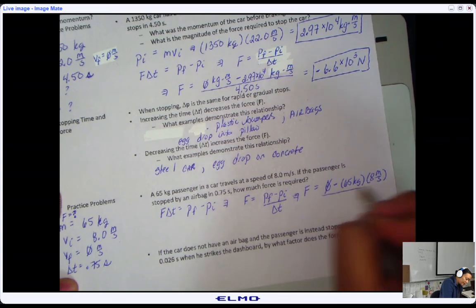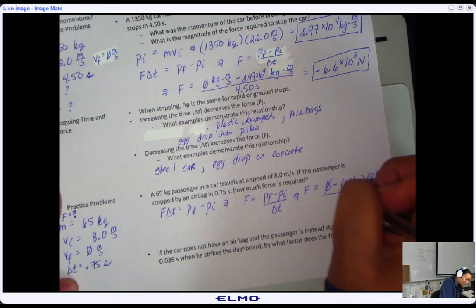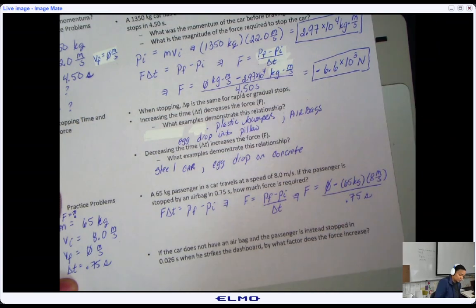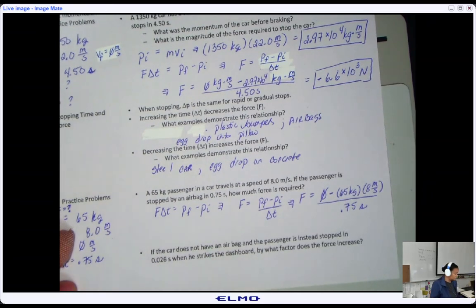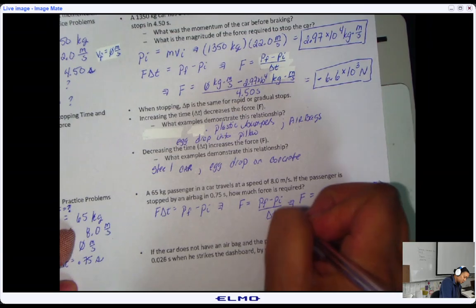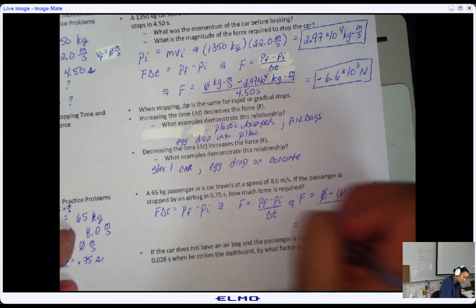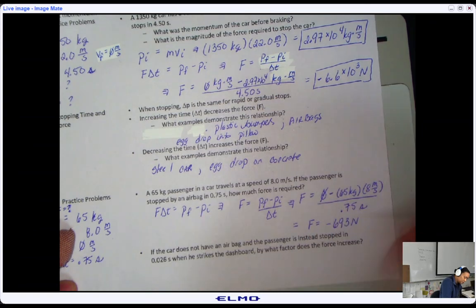And then we're dividing by our stop time of 0.75 seconds. The force comes out to negative 693 newtons.